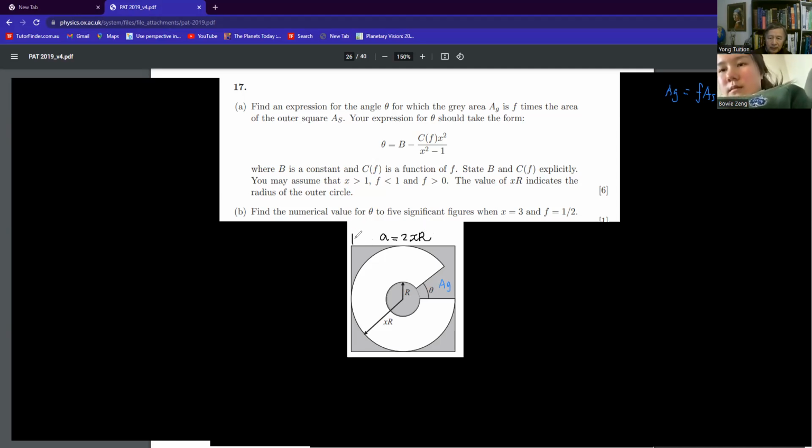That's the diameter of this larger circle. So the so-called outer square, AS, is just A squared, right? Okay, so that is your first equation.